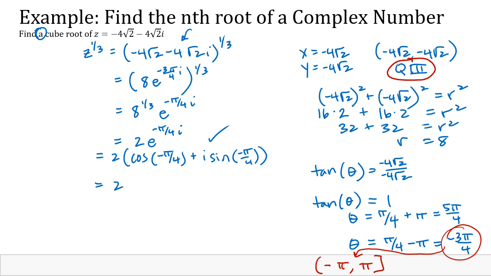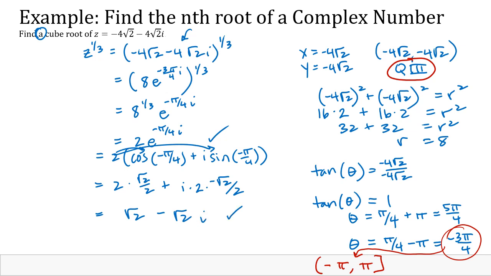Cosine of negative pi over 4 is square root of 2 over 2 plus, that's distributing it, so I'm going to distribute here as well. So i times 2 times the sine of negative pi over 4, which is negative root 2 over 2. And simplifying all of this, I end up with the square root of 2 minus the square root of 2 i.